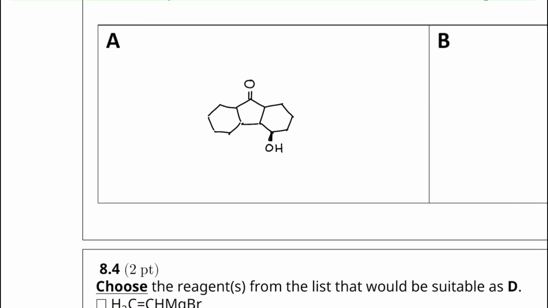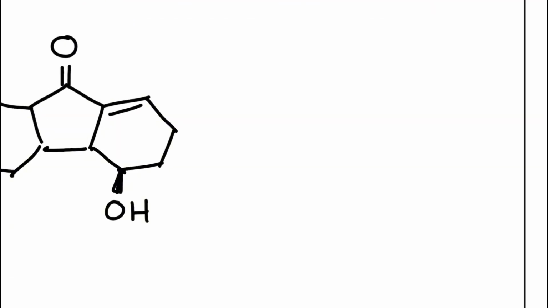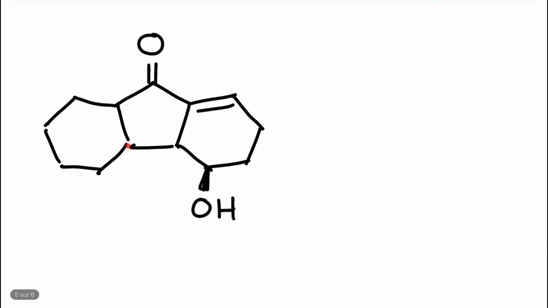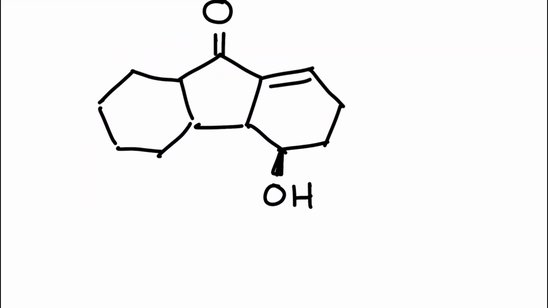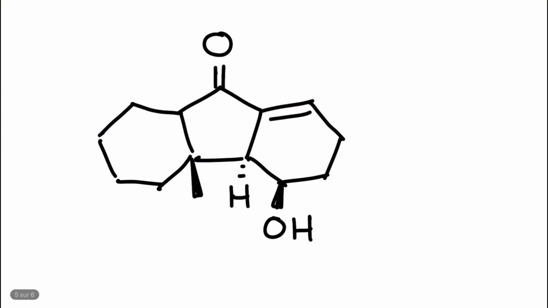So here's the skeleton, and this one right here. Oh sorry, there's a methyl group right there. So this methyl group and this hydrogen will end up opposite to each other. I'm just going to draw a wedge right there and a dash right there, and maybe a wedge on here too. But actually this one, they don't really care that much.